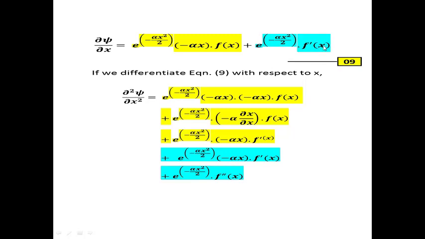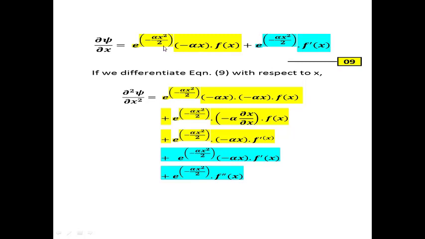Now we differentiate equation number 2 with respect to x again. We consider the yellow shaded box as the first term. It consists of 3 terms, all having the term x, so we have to differentiate with respect to each term.